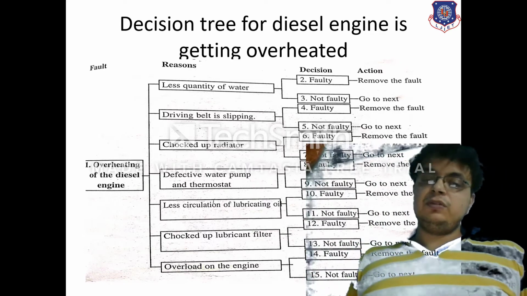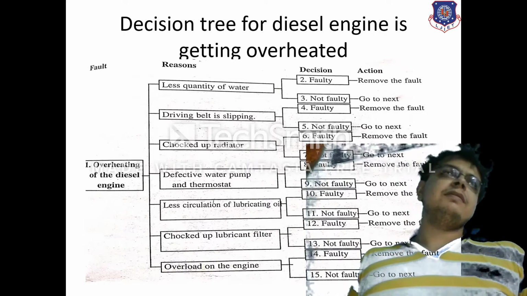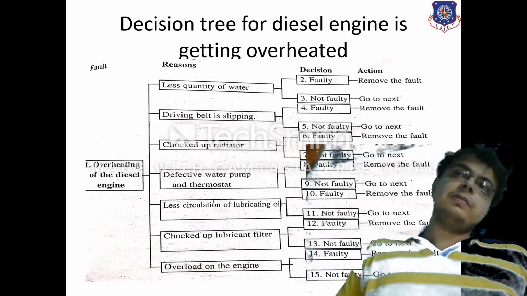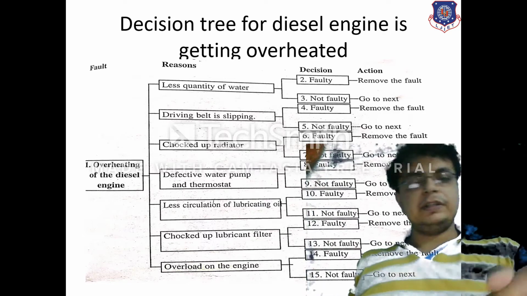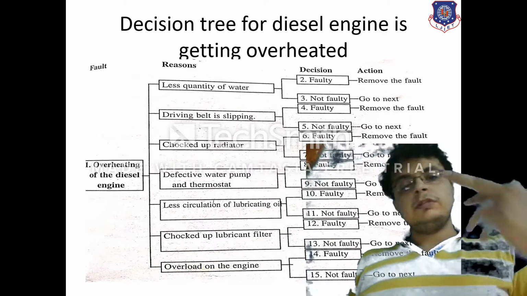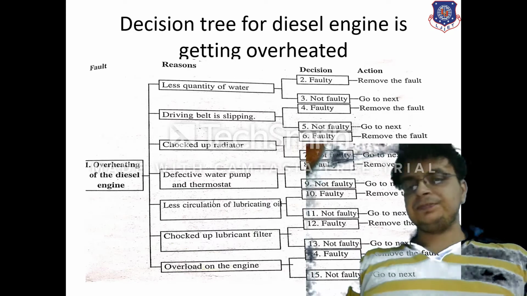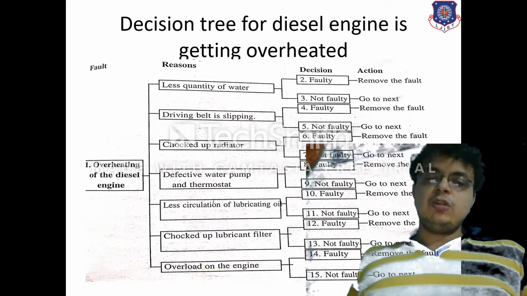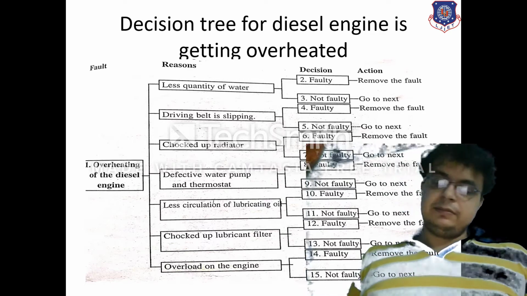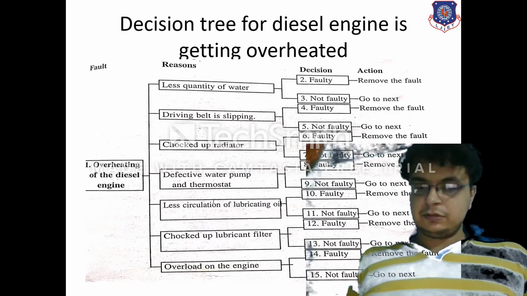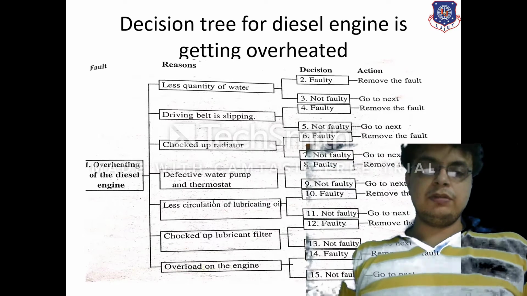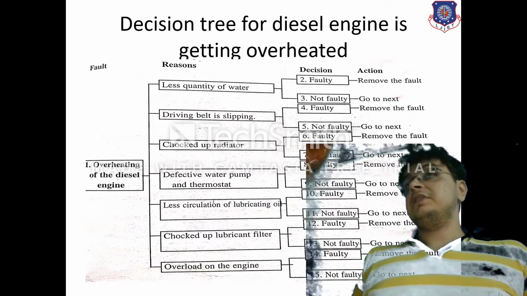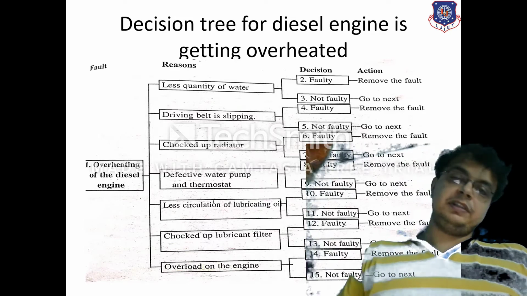Less circulation of lubricant means only one thing, that if it is not being properly lubricated, insufficiently lubricated, then again overheating can take place. Yes. Then choked up lubricant filter. Means choking up of the lubricant also causes overheating and overload on the engine. If the engine is getting overloaded, then there might be a chance of the occurrence of overheating.